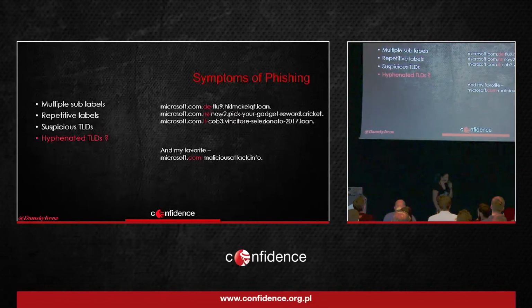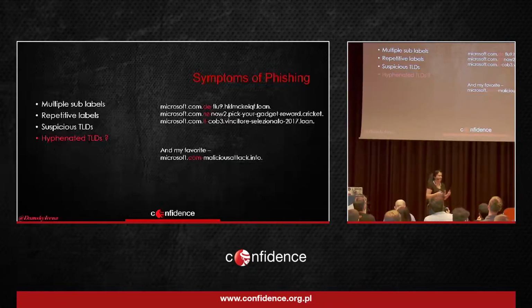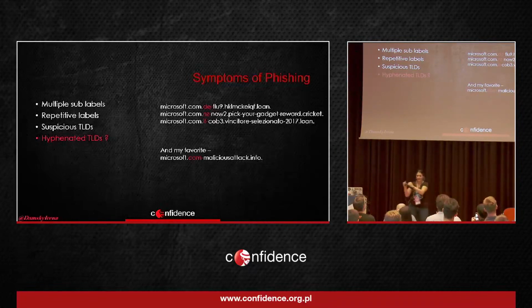Just imagine that a lot of websites are using stuff like Microsoft.com slash and then the path for the URI that you're accessing. Just replace the slashes with dots and then use something like Microsoft.com dot something dot something dot something dot somedomain.com.